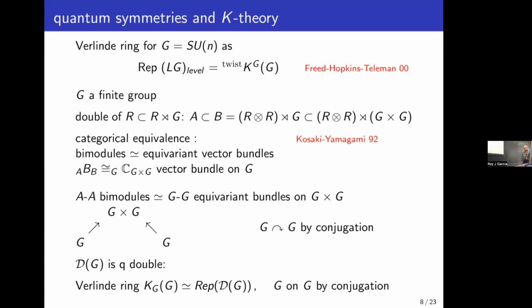Right? So that's what I mean by here. Of course, it's also twisted. The twisted aspects we have, 3-cocycles. So, okay, so that's the free Hopkins Teleman picture.